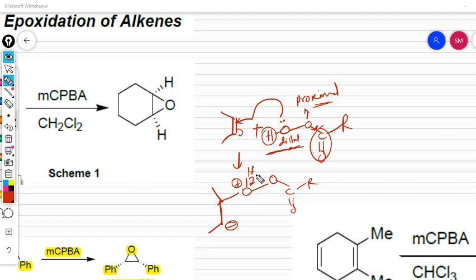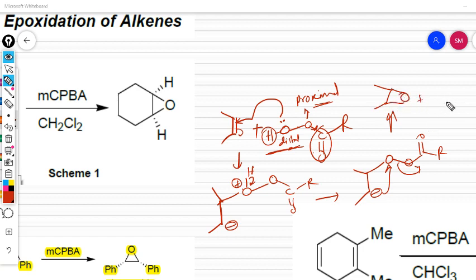It's going to give this, an attack of the oxygen, and the ester will be eliminated to give the epoxide as well as the carboxylate ion. This carboxylate ion will abstract the proton which was already left during the reaction to give the acid.